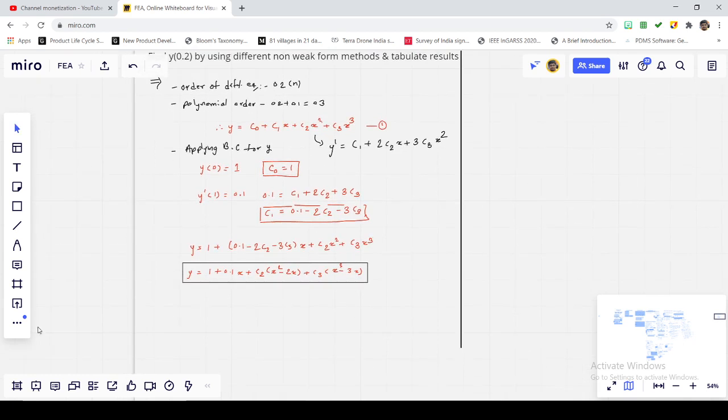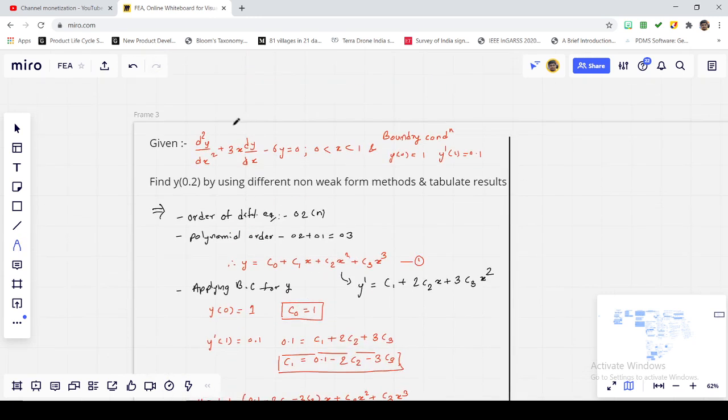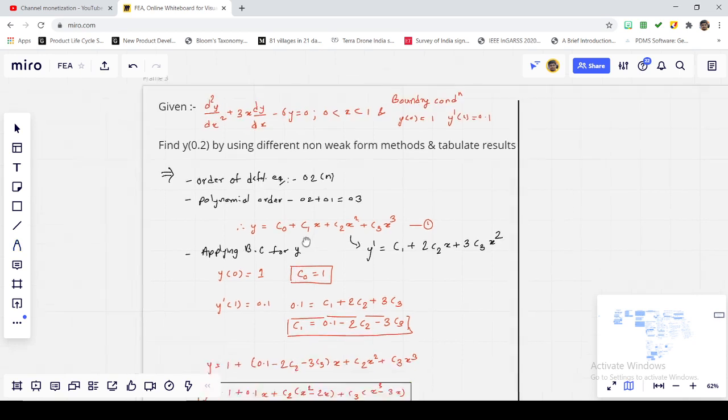Okay, moving forward, the second step will be assuming the residue. So we will be finding the residue equation, residue R. Now if we are discussing the non-weak form, you can remember that we basically equate the residue with the given value. As we are dealing with an approximate solution, this will not be equal to 0, this will be equal to some R, and that is the error, the residue.